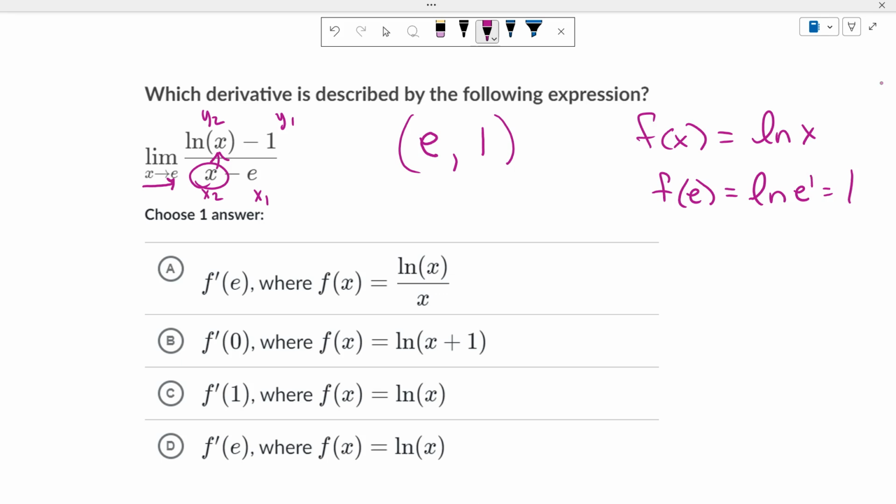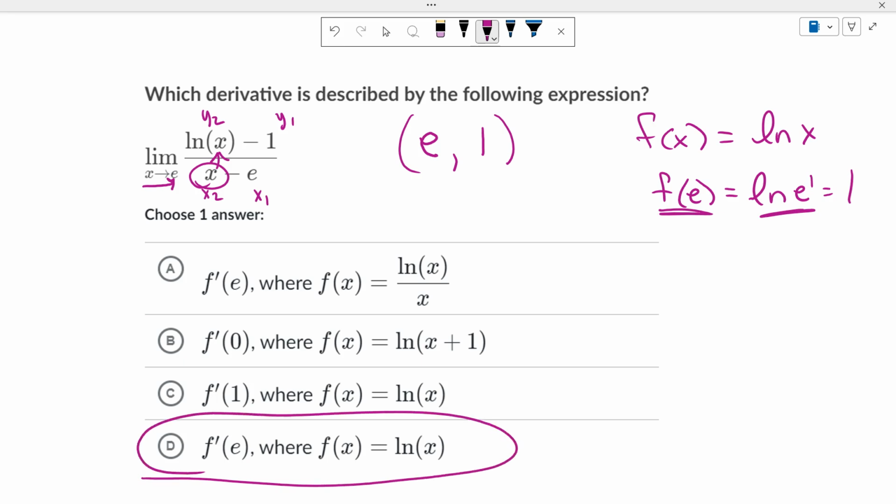Because ln and e cancel each other out, and you're just left with the power. Well, the power of e is e to the 1, which is just 1. So we have an x value of e where f of x equals the ln of x.